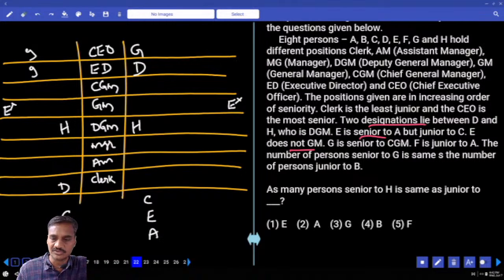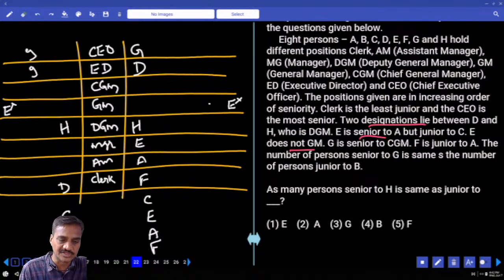G is senior to CGM. And F is junior to A, so C, E, A, F must be together like this. Hence E cannot be here. What is the order we have? E, A and F. And C can be either CGM or GM.